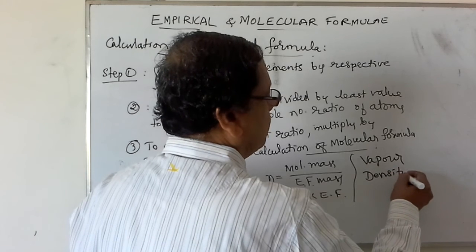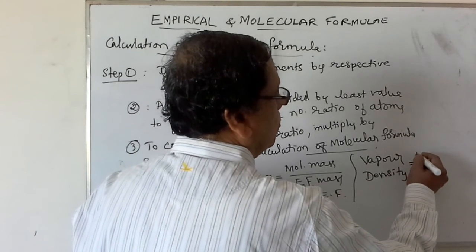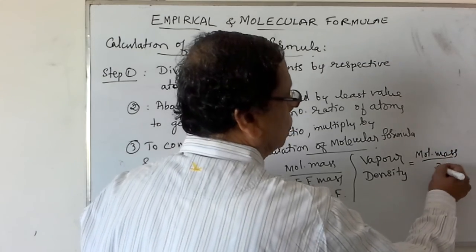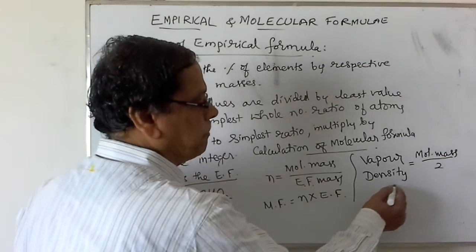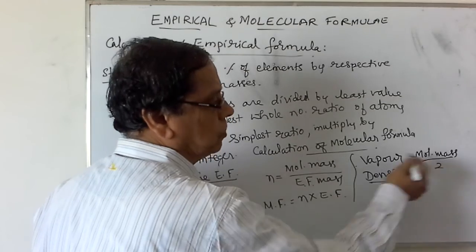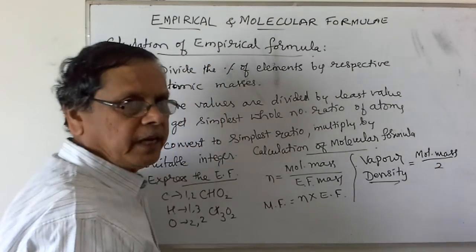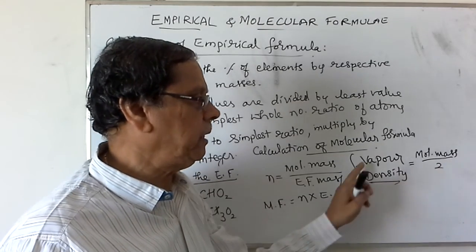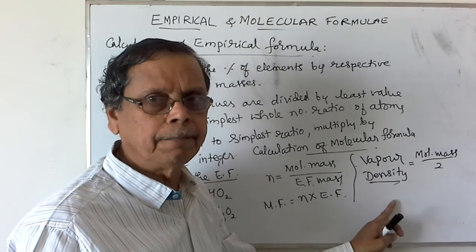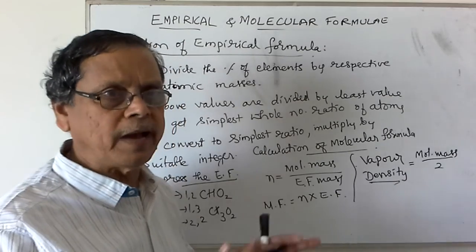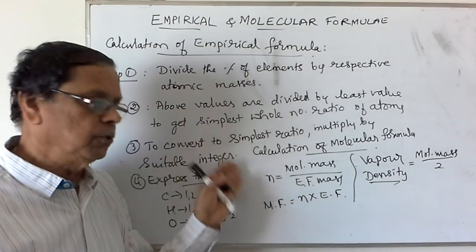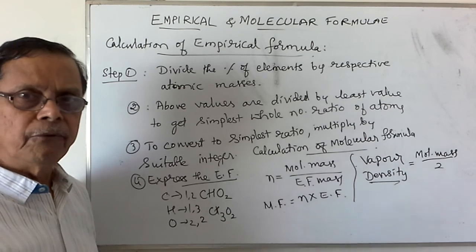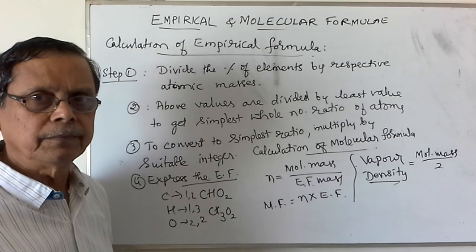Vapor density is equal to molecular mass divided by 2. So if vapor density is given, multiply with 2 to get the molecular mass. Sometimes that type of information will be given, then we have to calculate the molecular mass by taking 2 times the vapor density. So how to use these values and these steps to calculate the molecular formula and empirical formula, we shall see in the next video. Thank you.